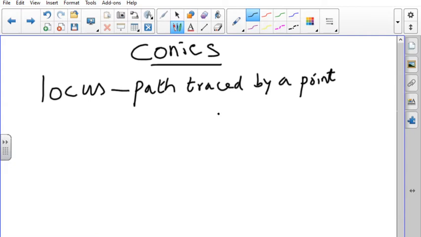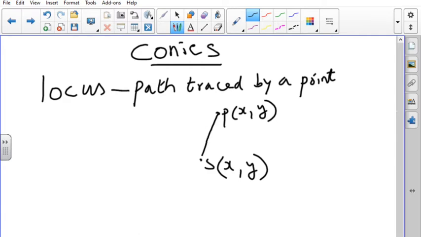Take a point P. P is a moving point, and take a fixed point S. This is the fixed point. SP is the distance between the moving point and the fixed point.